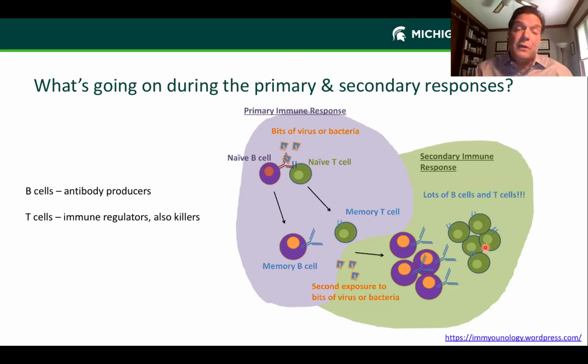Memory T cells that expand can become killer cells to kill infected cells. They can also regulate different aspects of the immune response. So what we go from is a naive immune system with the first exposure to a very highly trained, highly aggressive, highly specific immune response with the second exposure. So in vaccinology, we're thinking about getting this going with the vaccine and then having this happen when the exposure happens down the road when you actually see the pathogen.